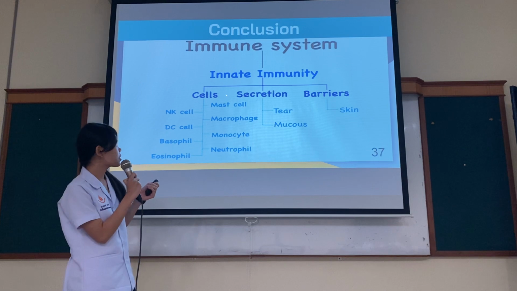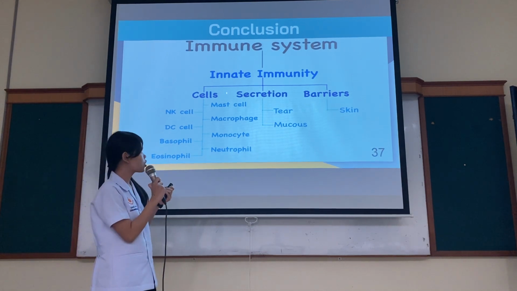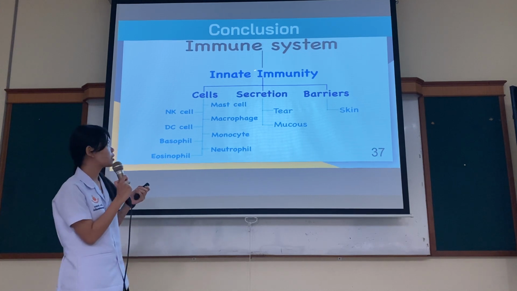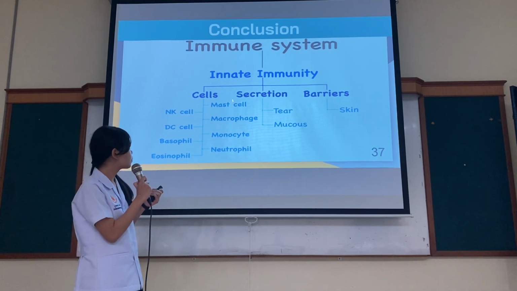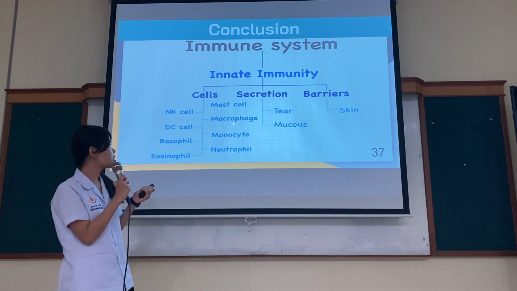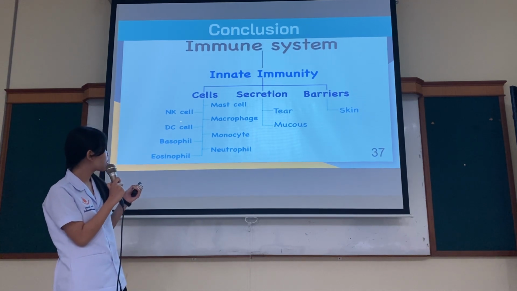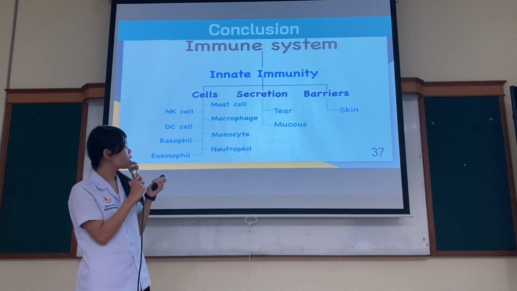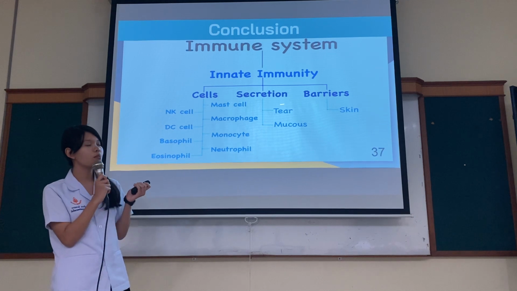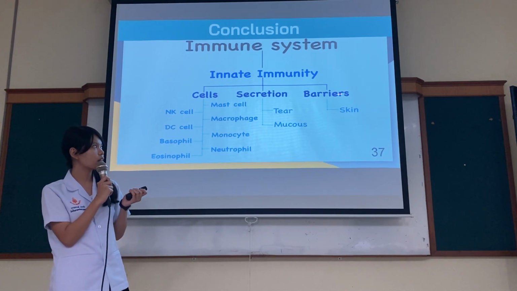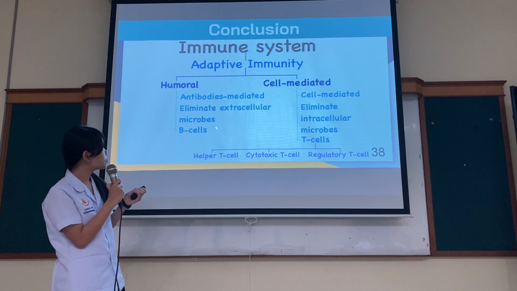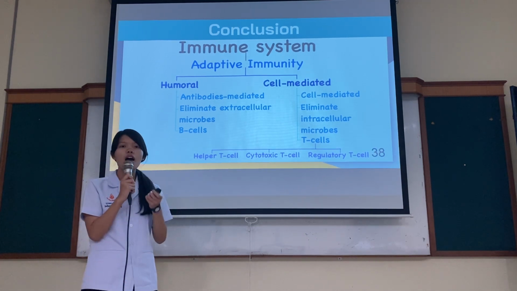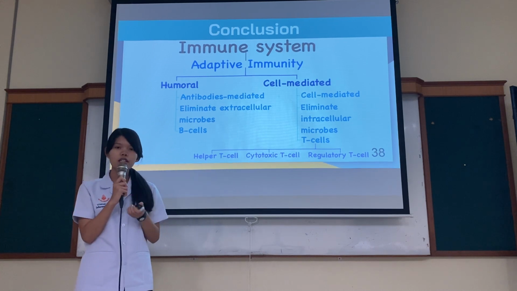Innate immunity is natural immunity that occurs naturally as a result of a person's genetic constitution, and the components of this immunity are non-specific, such as cells like mast cells, natural killer cells, macrophages, and so on, chemical secretions such as tears and mucus, and physical barriers like skin. But adaptive immunity is immunity acquired by infections or vaccination or by transfer of antibody.